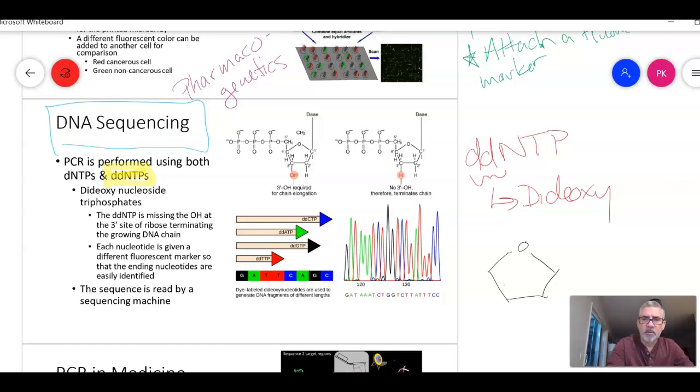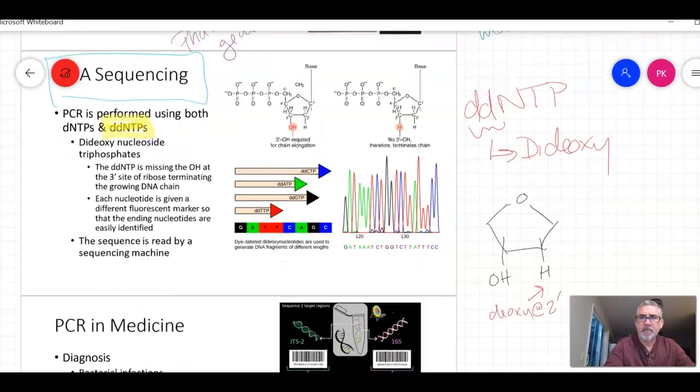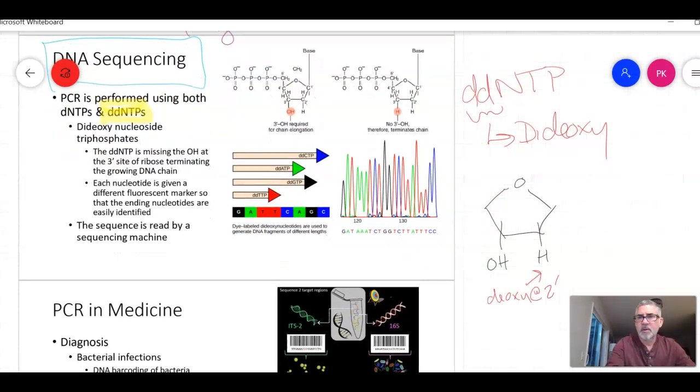So the normal DNA is deoxy at 2 prime. The dideoxy then is deoxy at both, right?